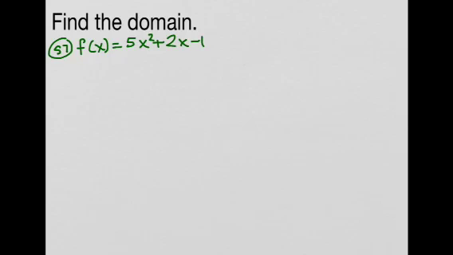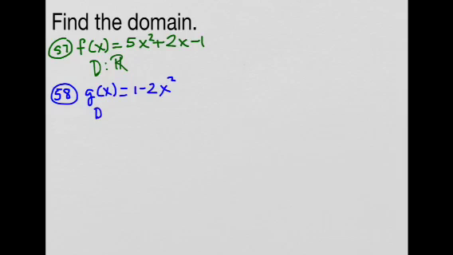Neither one of those is here. So then for this we say domain is all reals. Number 58 is another polynomial, and the domain of all polynomials is all real numbers. So domain, all reals.